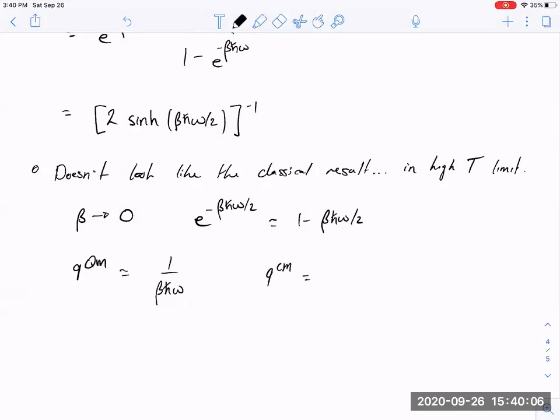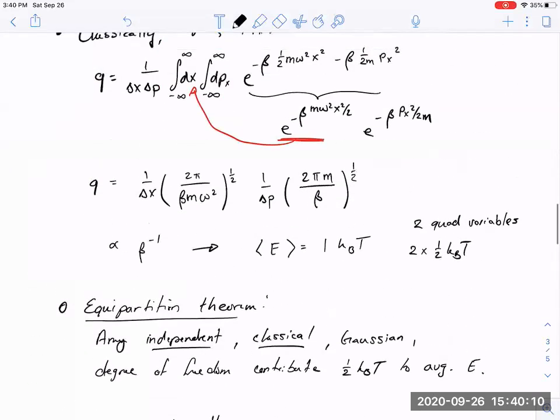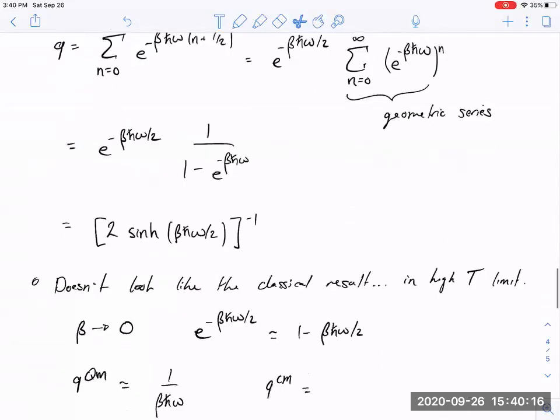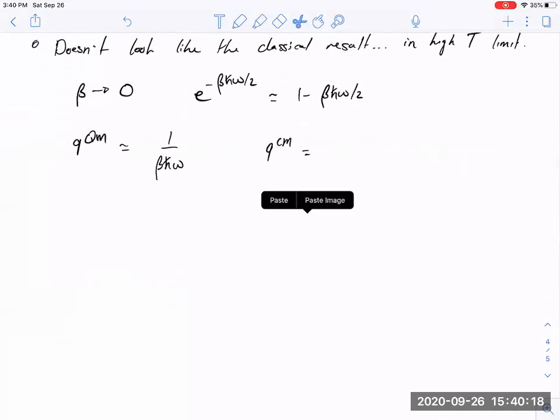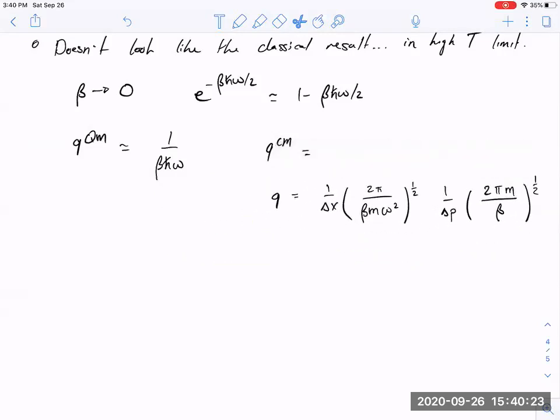Now, classically, what did I get? So if I pull this result up here, that's the full result, but I can simplify things. So I've got a factor of m here and m here.